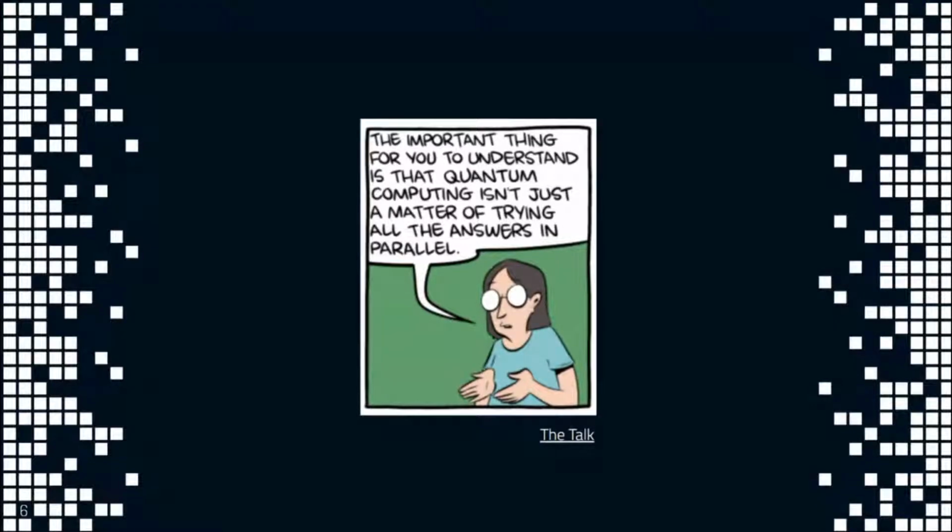So the important thing for you to understand is that quantum computing isn't just a matter of trying all the answers in parallel. It's a common misconception when comparing quantum to classical computing.